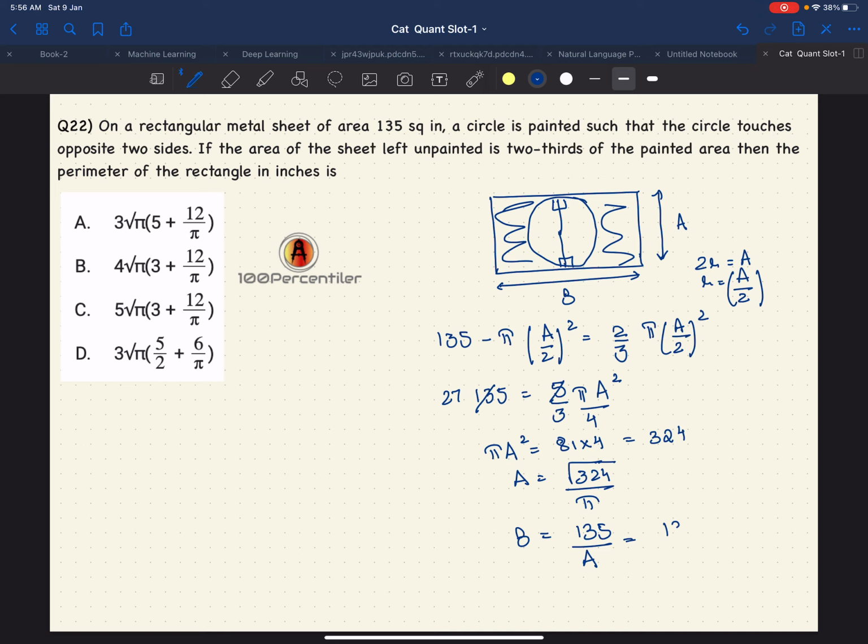So this comes out to be 135 upon 18 upon root pi, and this comes out to be 135 root pi upon 18.